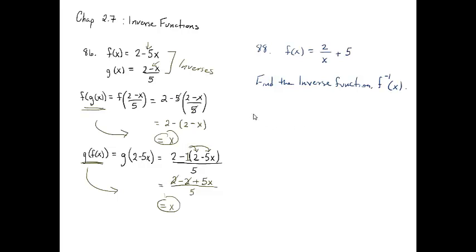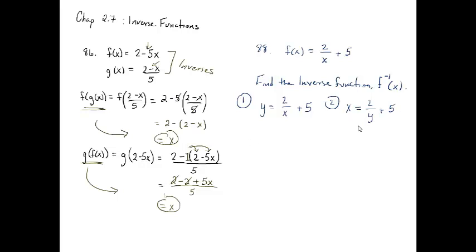Okay, so how do you do that? First thing you have to do, instead of writing f of x, you write y. So y equals 2 over x plus 5. That's the first step. Second step, switch your x and y. So really I'm going to say x equals 2 over y plus 5.